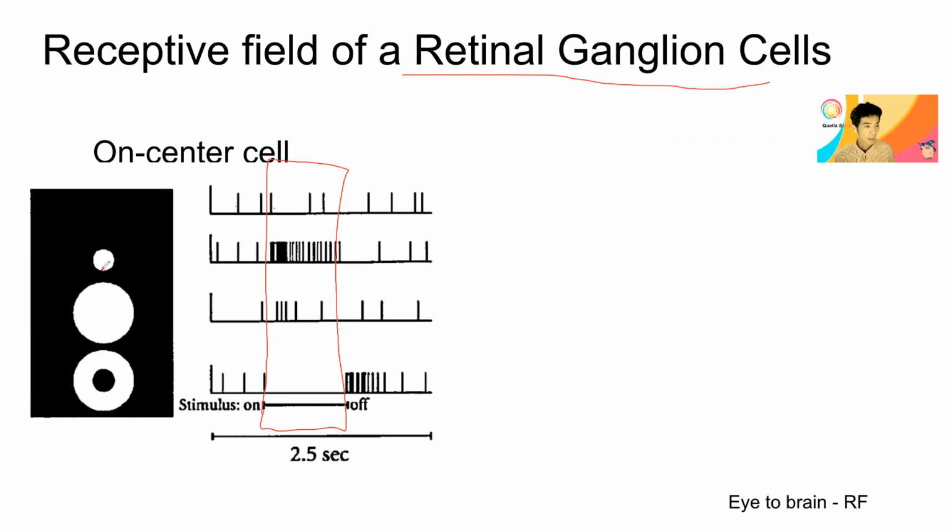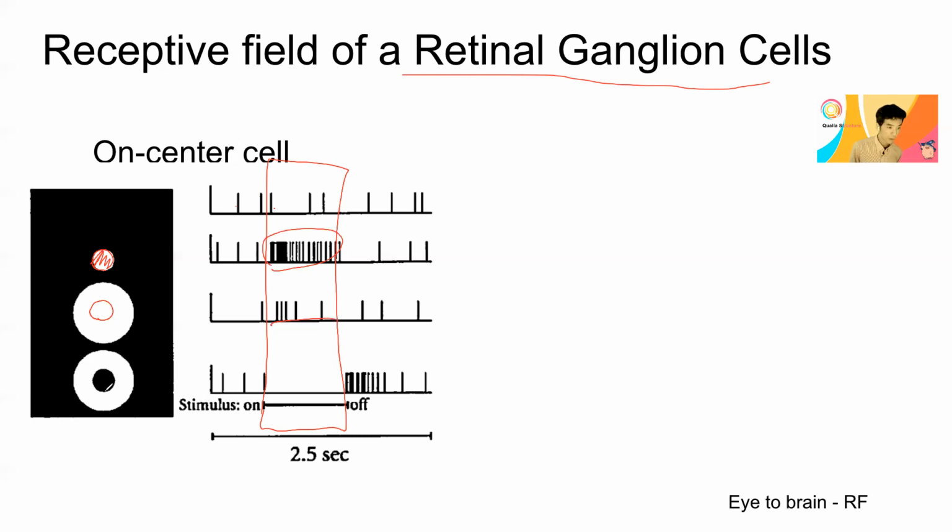And then, when we present a white spot at the location of the vision that corresponds to its receptive field, it starts to fire like this. On the other hand, if we present the stimulus too big, even though it includes these highly sensitive areas, it becomes silent again.